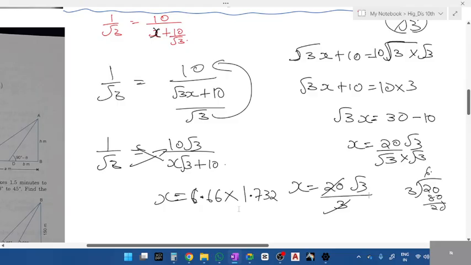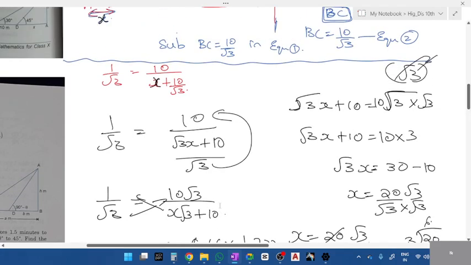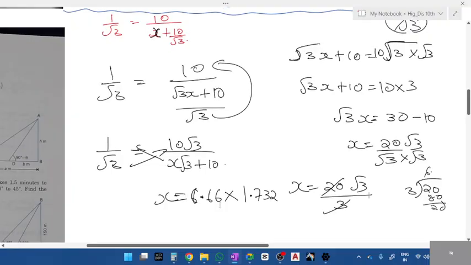6.66 into 1.732. Even this I'll tell you how to calculate. Students, completed?